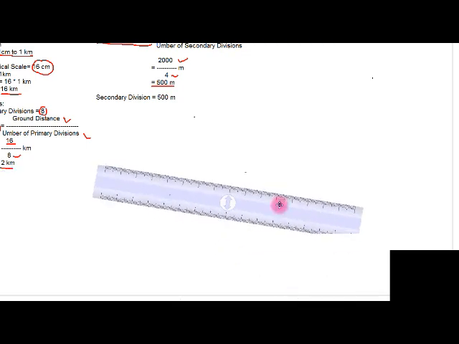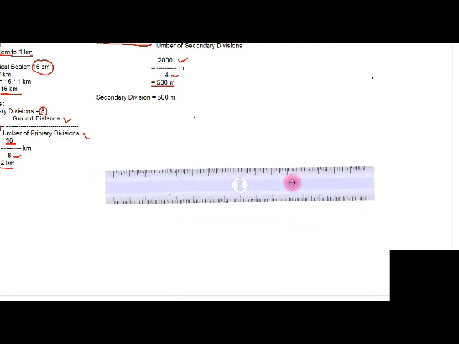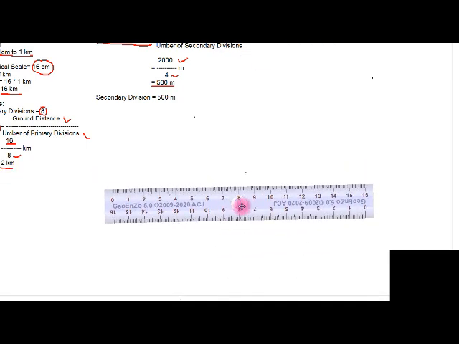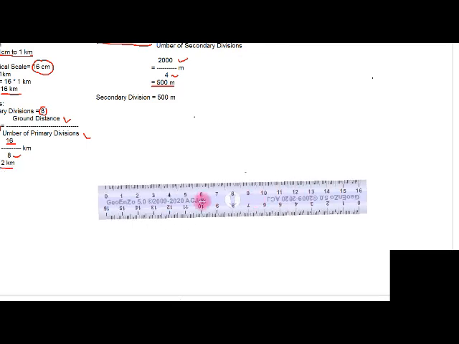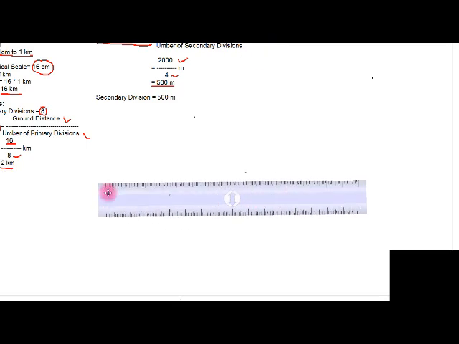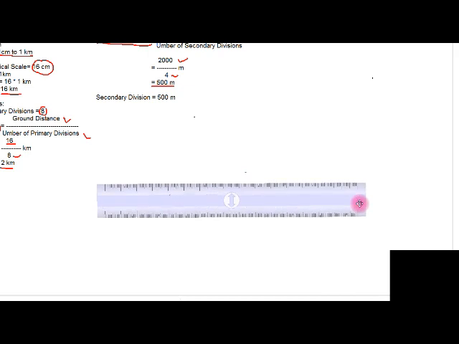First you have to draw the length of the graphical scale, and we have the length as we decided, that is 16 centimeter, right?